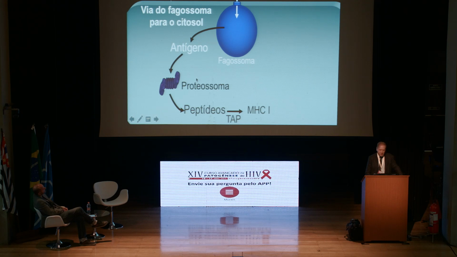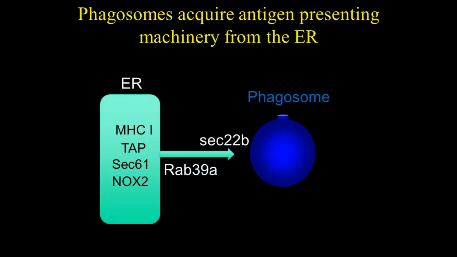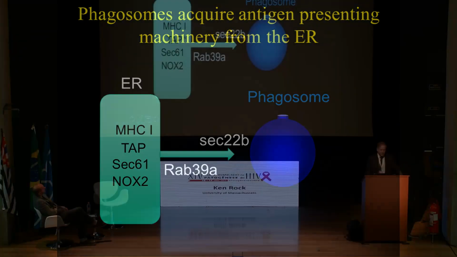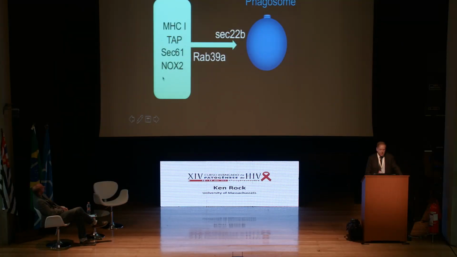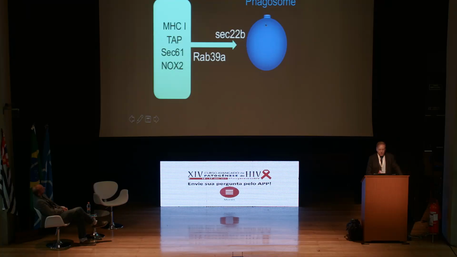And one of the evolving pictures here, and something that we're currently working on, is that if you look at the phagosomes that are involved in this, one of the things that ends up happening is that a number of molecules that are normally present in the endoplasmic reticulum, which I've told you in the first part of the lecture is really important for the Class 1 pathway, get transported and transferred to the phagosome via a couple of targeting mechanisms.